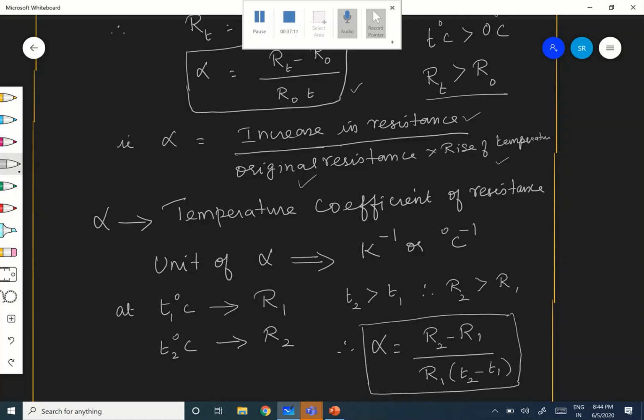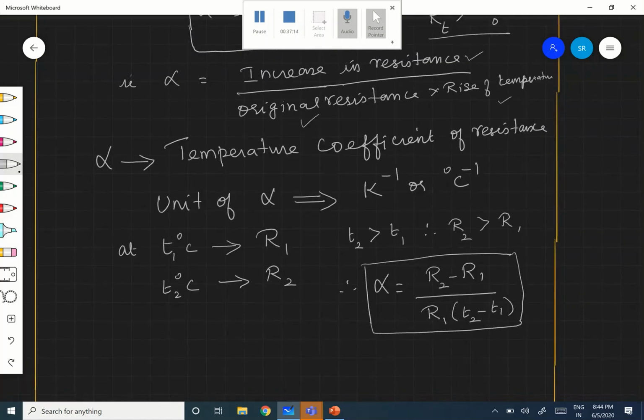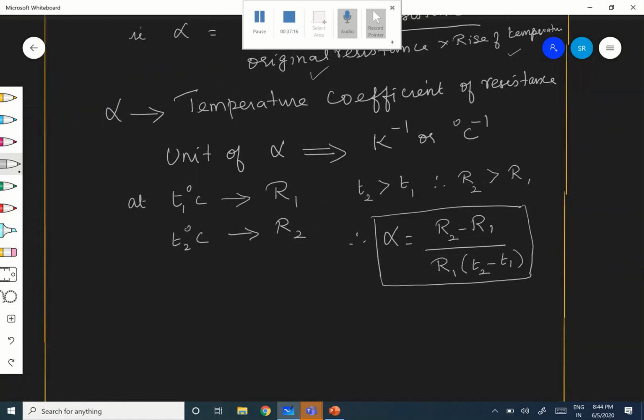Now we are going to see the values of alpha. So far we have dealt with conductors only, so take metals, any conductor: silver, copper, aluminium, gold, whatever. For metals, you know that as you increase the temperature, the resistance increases.